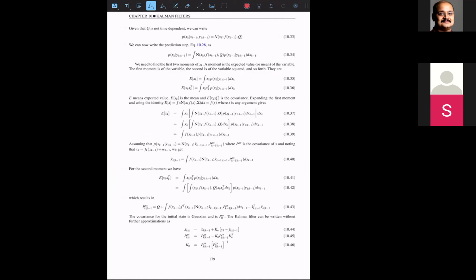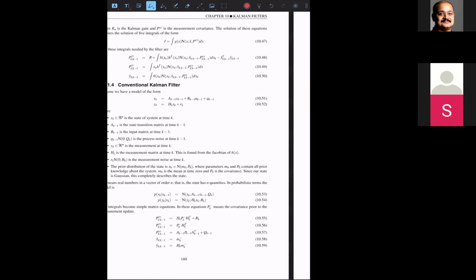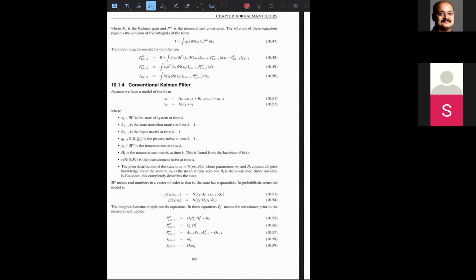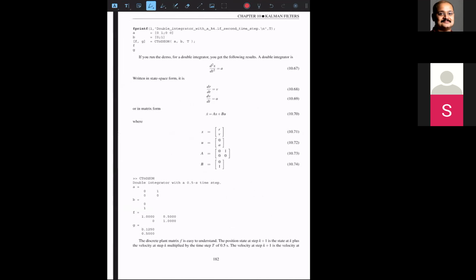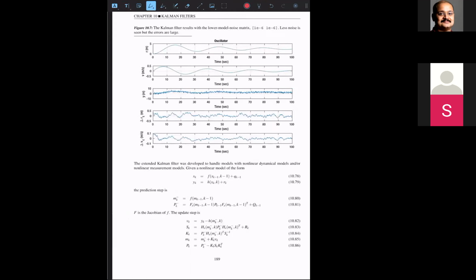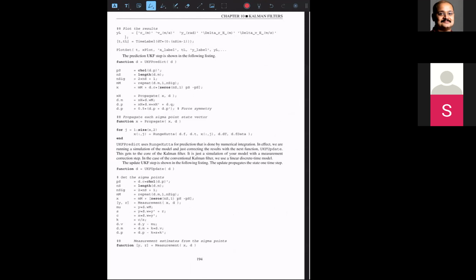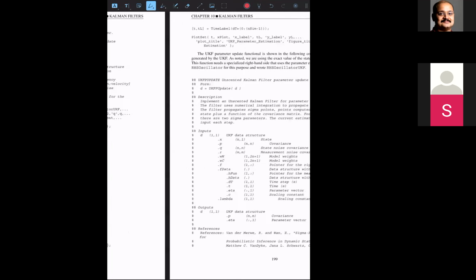But I would encourage you to keep this in mind if you study statistical machine learning, or Markov learning processes or Markov decision processes, all that stuff. And then this all starts with a Gaussian, simple Bayes theorem, and then the conventional Kalman filter is derived. So I will go through all this, and then the next chapter. There is an example here for the unscented Kalman filter.